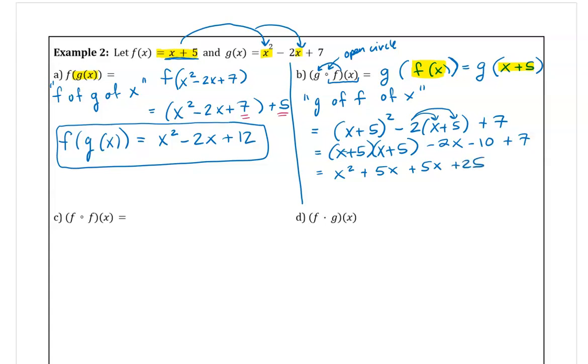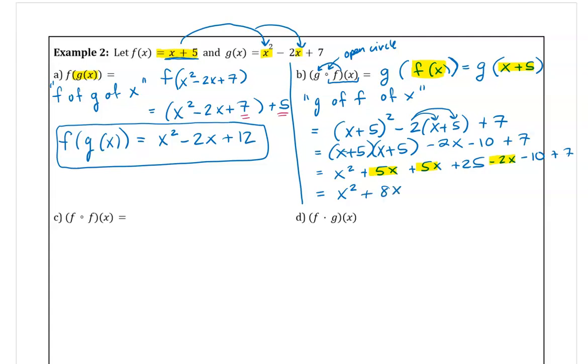This part gives me 4 terms, and then I have to subtract those last 3 terms, and add that one. So when all is said and done, I have x squared, and then I had 1, 2, 3 like terms that had an x. So 5 plus 5 minus 2 added to 8.